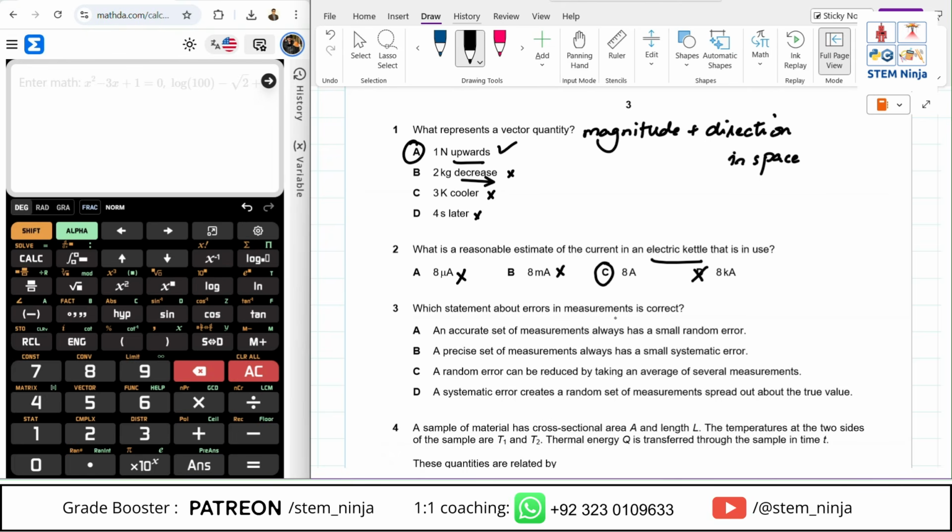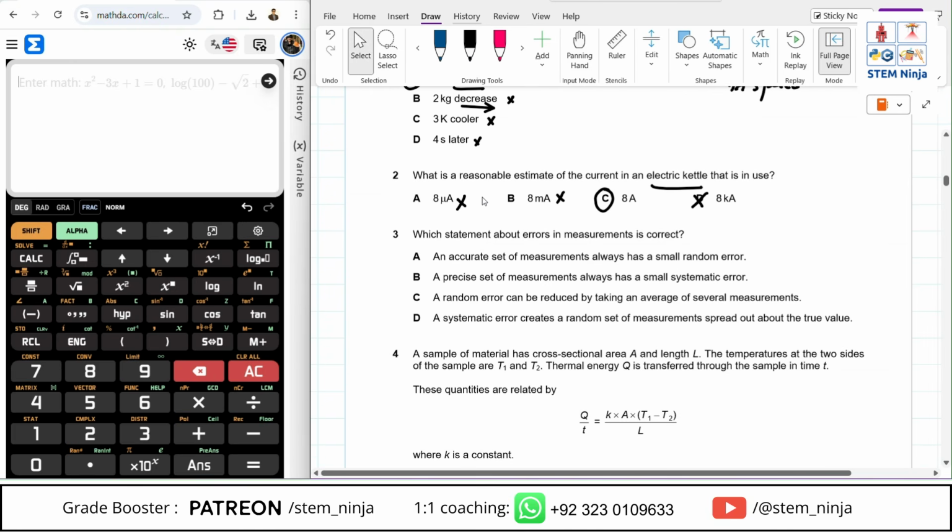Which statement about errors in measurements is correct? Okay. An accurate set of measurements always has a small random error. A precise set of measurements always has a small systematic error. Both of these are incorrect because an accurate set of measurements should not have any systematic error at all.